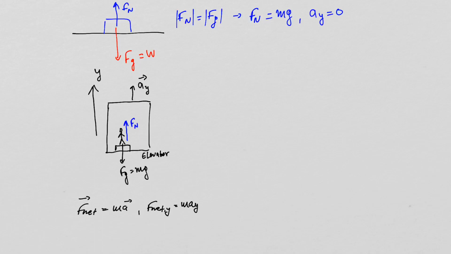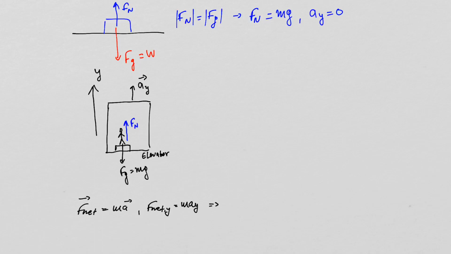Well, the net force in y direction will simply be the normal force minus the gravitational force. Those are the only two forces that act in y direction, and so the normal force points in positive direction, the gravitational force points in negative direction, so we have normal force minus gravitational force, accounting for the direction in which the forces point.